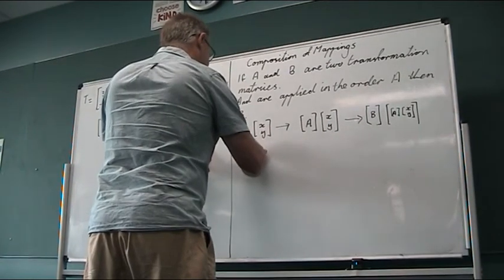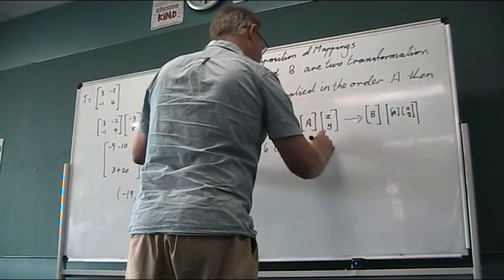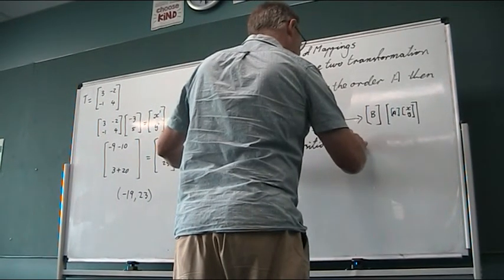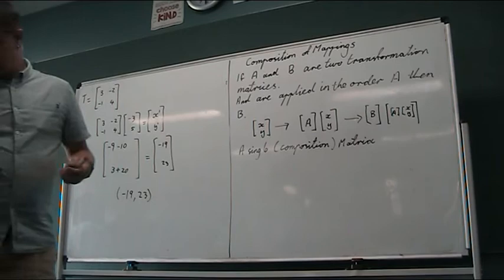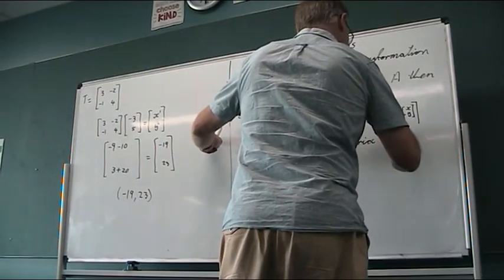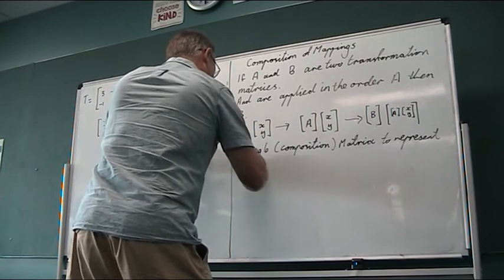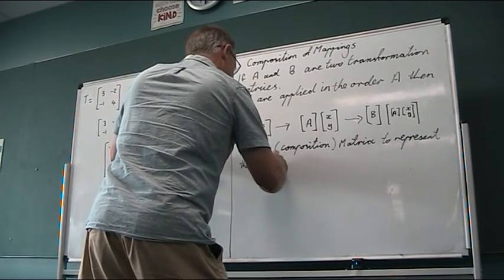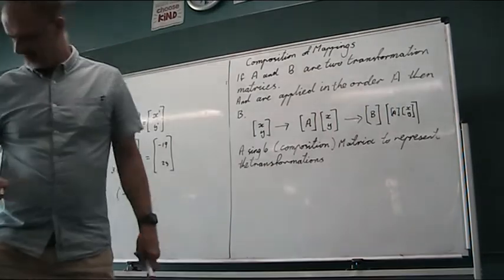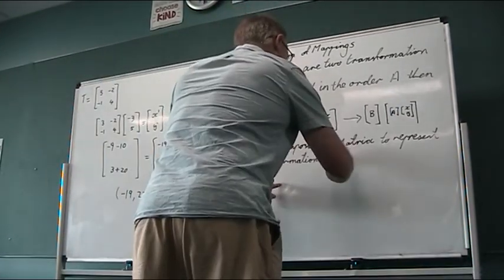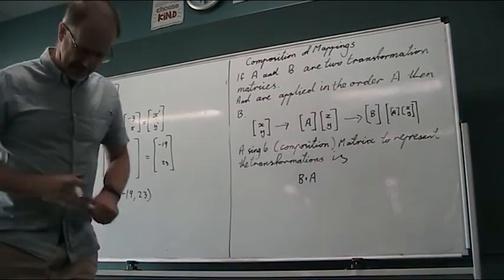So a single or composition matrix to represent the transformation is B times A. Alright.